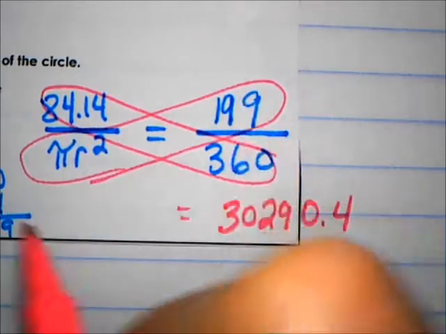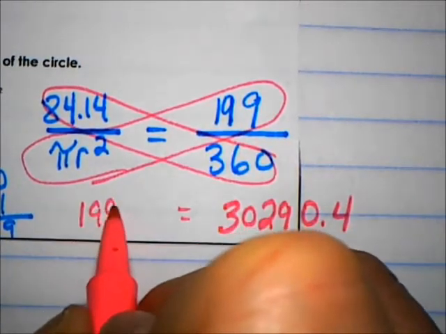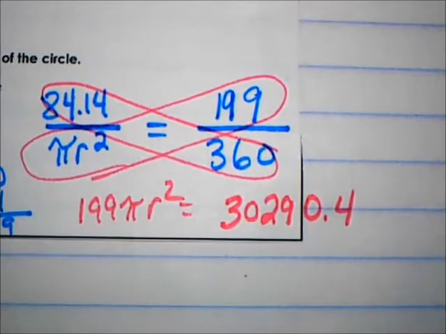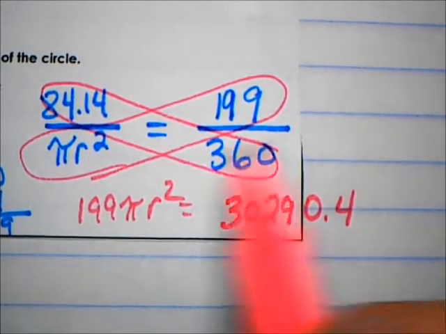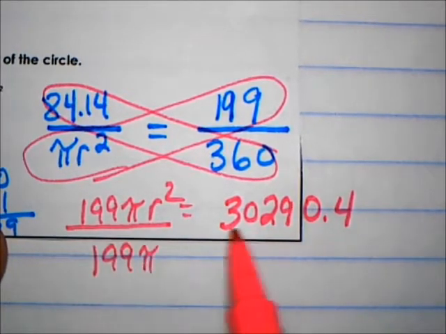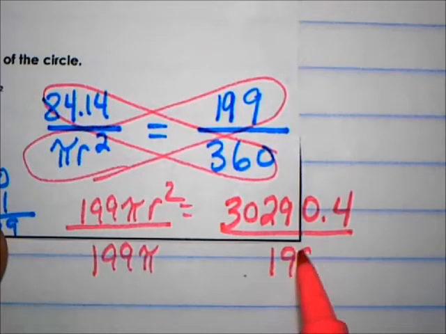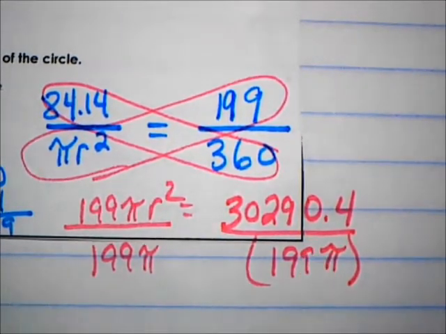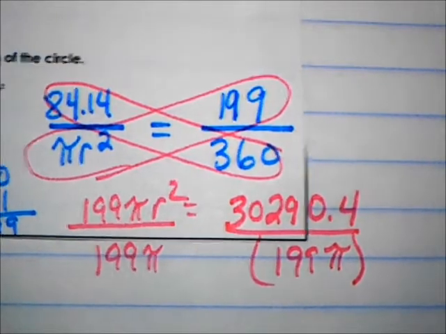And in this other direction, I'm going to put the 199 pi in front of r squared. Now if you want to actually calculate and get a long decimal, that's okay. Because at this point, I'm going to divide by 199 pi, and divide over here by 199 pi. When I put this in my calculator, the bottom has to be in parentheses so it will do this calculation. So I have that value.